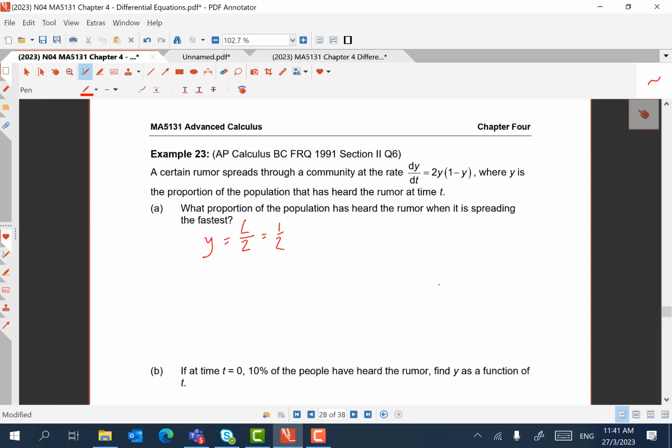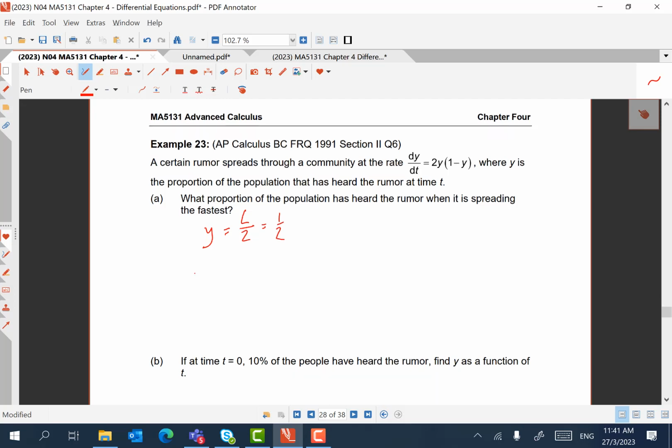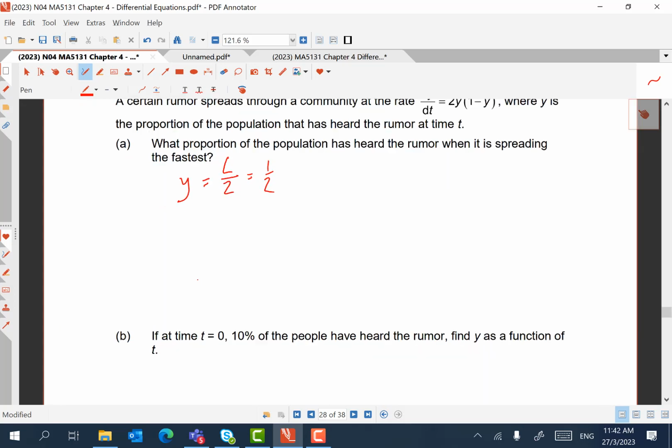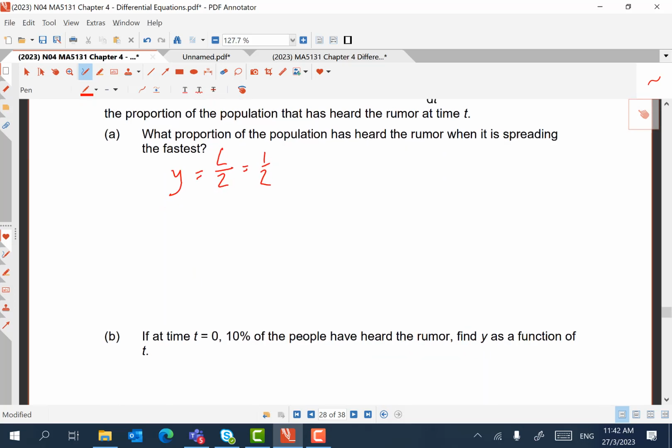Okay, the next part of the question asks, at time t equals 0, 10% have heard, find y as a function of t. So for part B, if you have already memorized the solution like what Kayet has already done, Kayet, what's the solution? Y equals what?